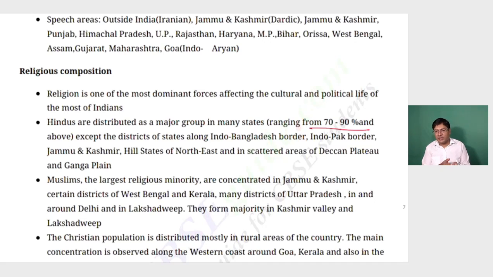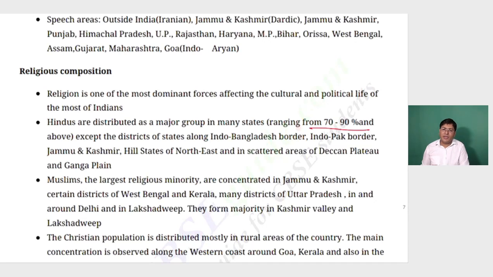These are some of the states and districts where the population of Hindus is less than the other religion. मतलब जो इन डिस्ट्रिक्ट्स के अंदर फॉर एग्जांपल इंडो बांग्लादेश बॉर्डर जो बांग्लादेश है के बॉर्डर पे जो स्टेट्स हैं कुछ वो इंडो पाक बॉर्डर सम ऑफ द स्टेट्स ऑन द इंडियन एंड पाक बॉर्डर एंड द जम्मू एंड कश्मीर स्टेट एंड देयर आर सम अदर स्टेट्स कुछ और स्टेट्स हैं जो जैसे नॉर्थ ईस्ट के अंदर है और कुछ डिस्ट्रिक्ट्स डेक्कन प्लेट्यू एंड गंगा प्लेन्स में वहां पर the population of Hindus is less than any other religion.